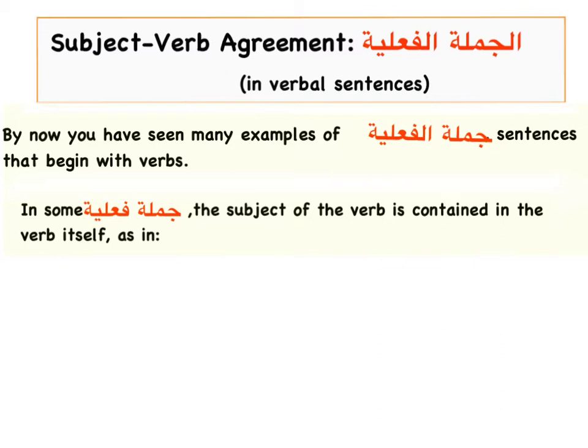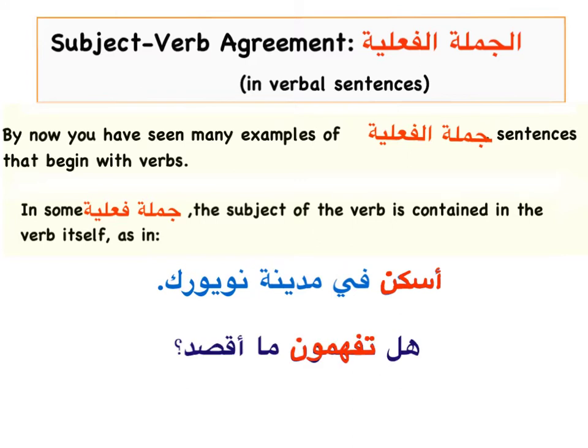In some جمل فعلية, the subject of the verb is contained in the verb itself, as in أسكن في مدينة نيويورك. So, we have فعل فاعل in the sentence, and both are in أسكن. Because this means أنا أسكن, the ألف here indicates the subject. Same with هل تفهمون ما أقصد.